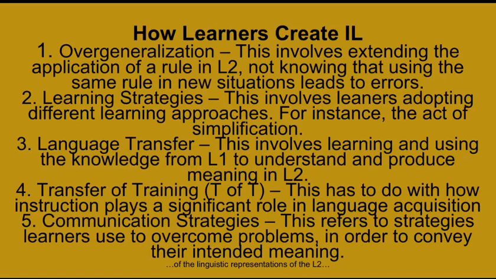Even on the verb go, because he's familiar with the rule of adding ed to form the past tense, he forgets or is not aware of the fact that we have irregular verbs and he says goed instead of went. So that's basically what overgeneralization is all about when it comes to a learner creating his own interlanguage.